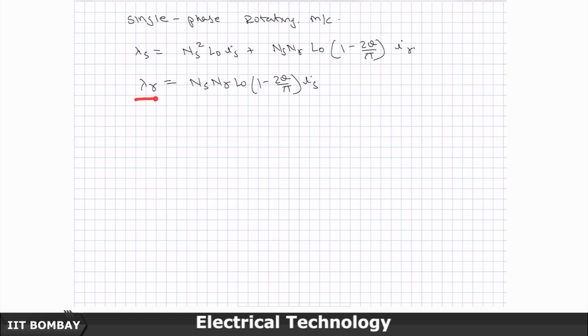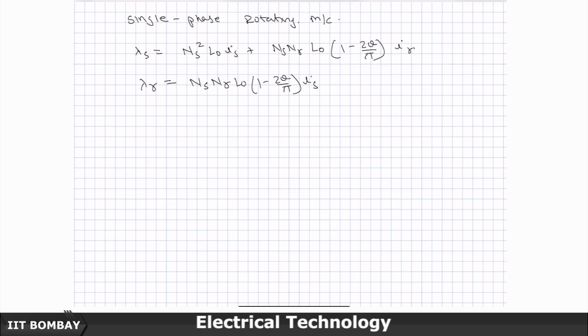Now, here we are calculating flux linkage in the rotor winding, and in the earlier expression we were calculating the flux linkage in the stator winding. So, when you are calculating the flux linkage in the rotor winding, mutual coupling is with respect to the current in the stator winding, and the mutual coupling is essentially the same: A to B, B to A, S to R, R to S, the mutual coupling is the same.